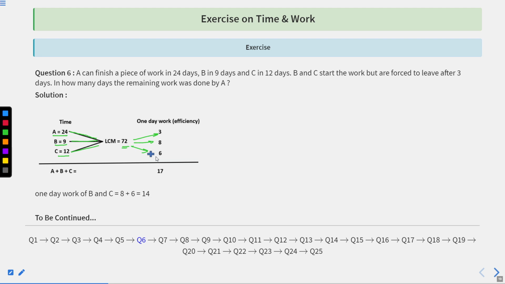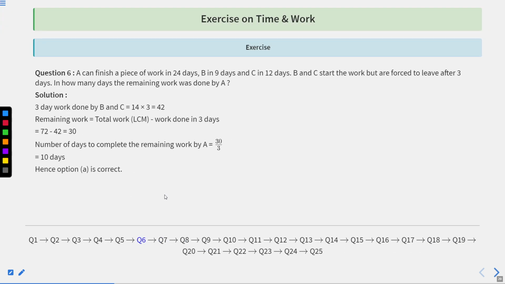So if I have to see the combined of A, B, C, it will be 17, and 1 day work of B and C is 8 plus 6, that is 14. So now, since B and C were working together for the first 3 days, the work done by B and C is 42. Okay.